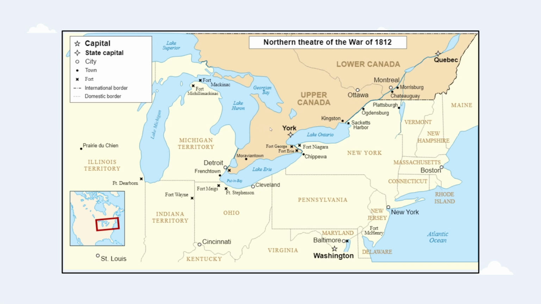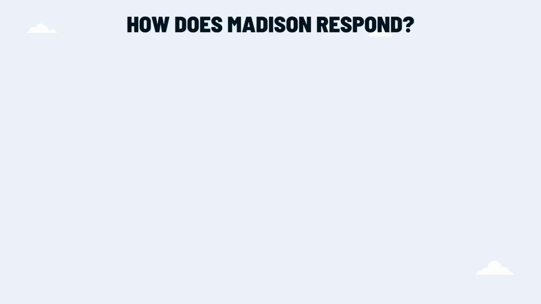They control most of present-day Canada, and because of that, they're able to interact with Native Americans in this western portion of the U.S., and so we're going to see that a lot of conflict between natives and Americans is going to happen in the Midwest, specifically here in Michigan and Detroit, and also in Northwest Ohio here with Lake Erie. So the War of 1812 is going to be interesting because it's going to be close to home where we are today.